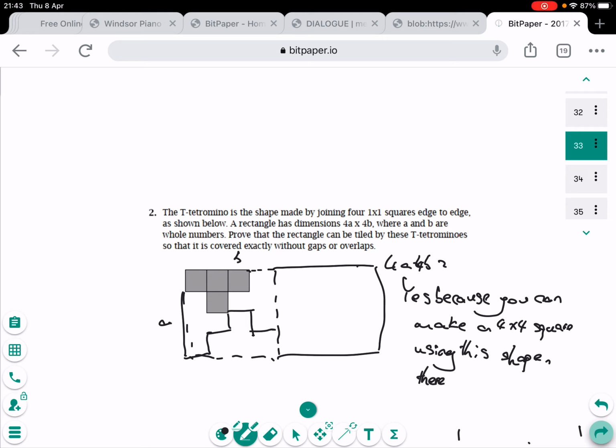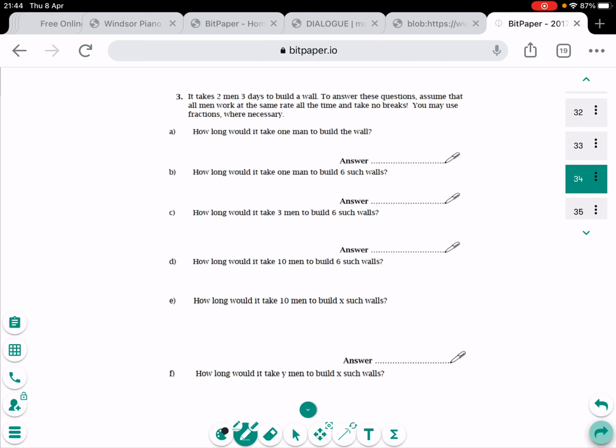Therefore, you would always be able to cover a rectangle. And it's pretty long, the answer, but you can make it shorter.